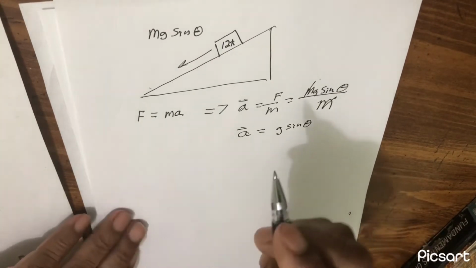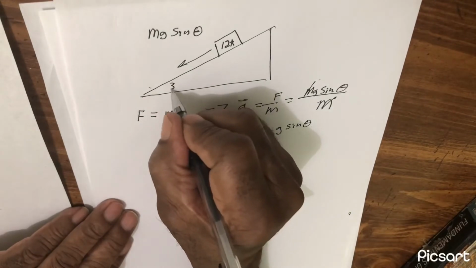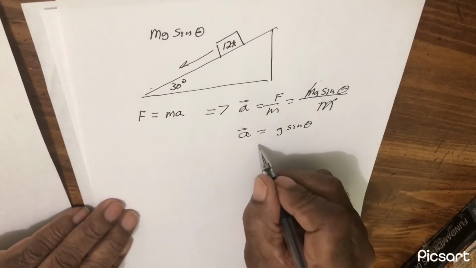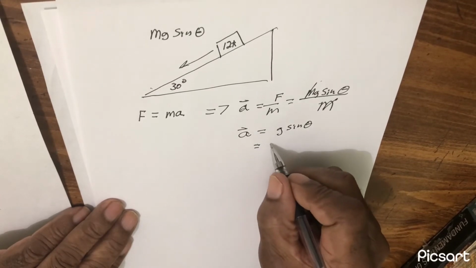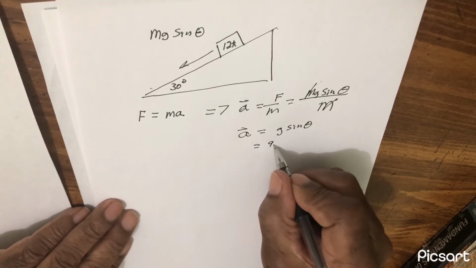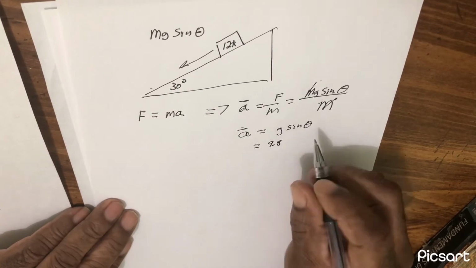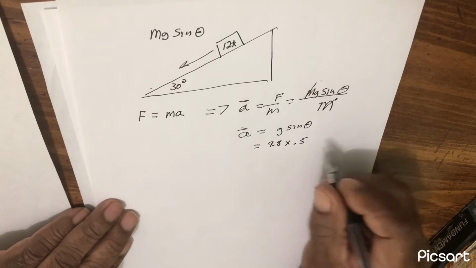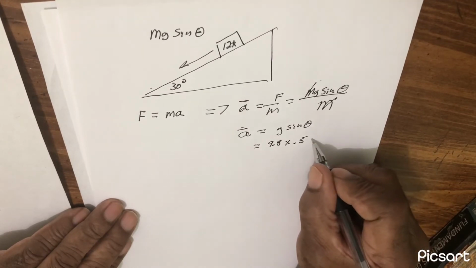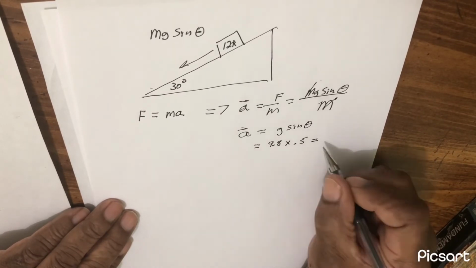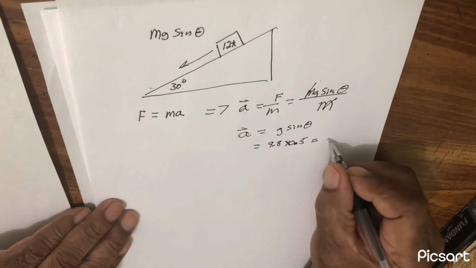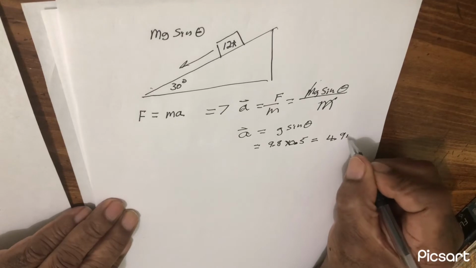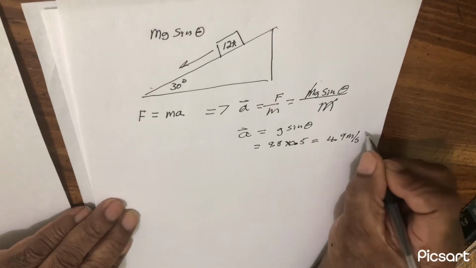Well, we know theta is 30 degrees, so this would be equal to 9.8 times 0.5, which would be equal to 4.9 meters per second squared.